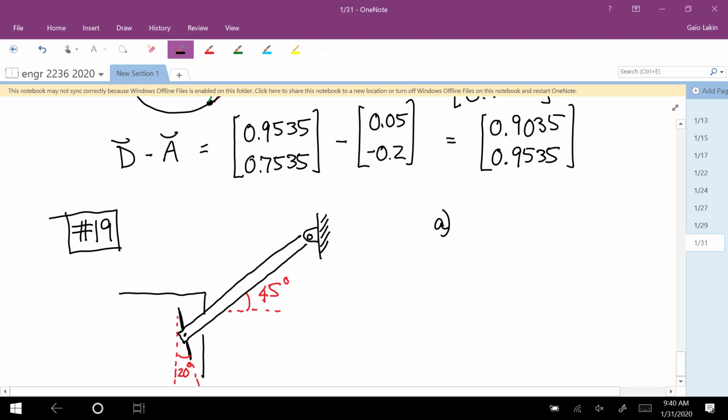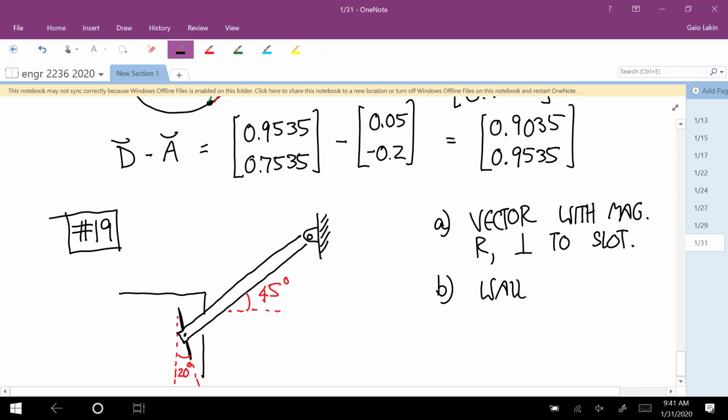And we want to calculate a vector with a magnitude r perpendicular to the slot. And second, a vector from the wall pin to the slot pin.